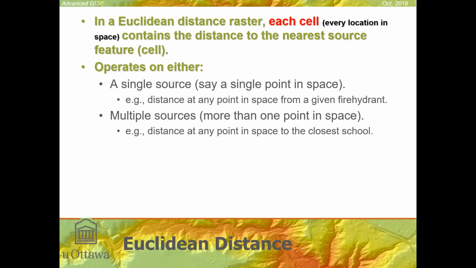In a Euclidean distance raster, every cell then contains the distance to the nearest feature source, where the feature source may be one cell or multiple cells. You can also have multiple feature sources. And no matter how many feature sources you have for a Euclidean distance surface, each cell will always measure the shortest distance to the closest feature.